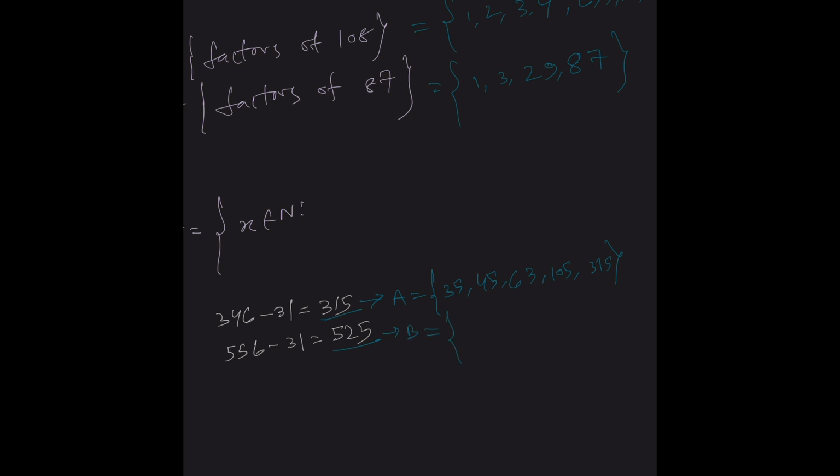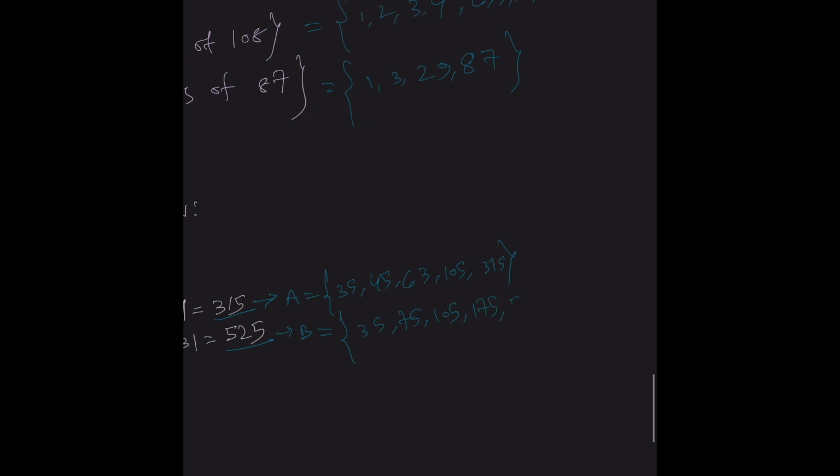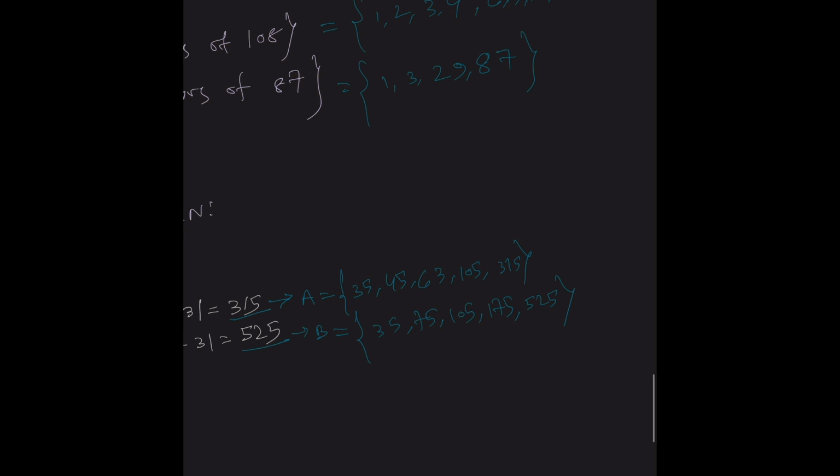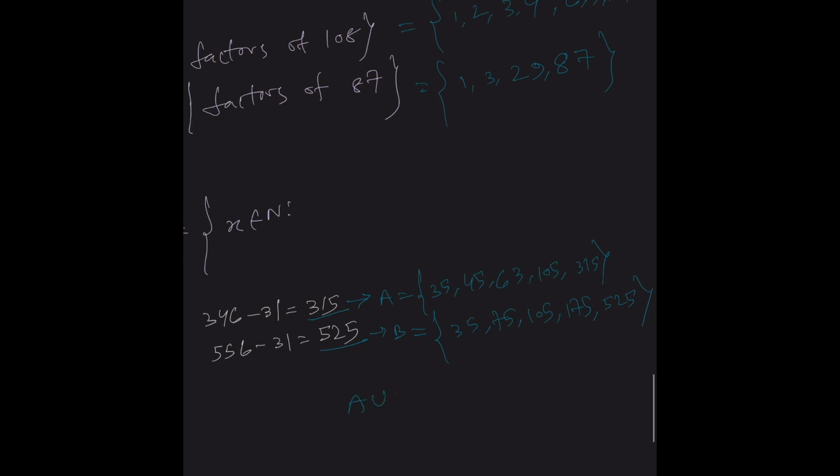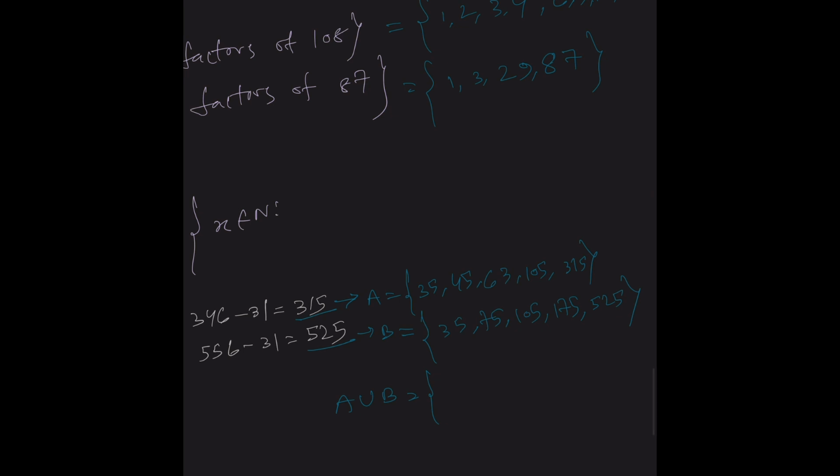And if we do it for this, the factors would be 35, 75, 105, 175, and 525. And if we want to write down what's common between these two, we see that there's 35 and 105.